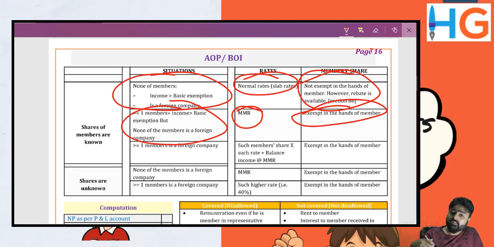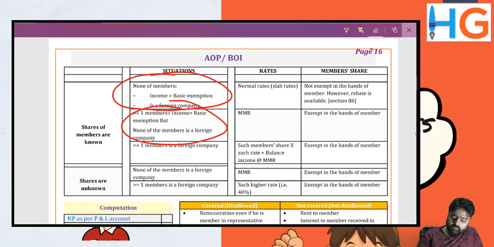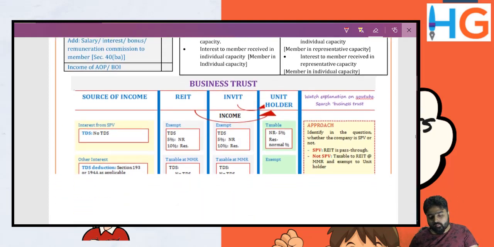If one member is a foreign company, such share of the foreign company will be taxable at the higher rate, and the balance will be taxable at MMR. If the members say that they do not know their shares, the entire income is taxed at MMR or such higher rate, because income cannot be bifurcated now. Simple. Now we are coming to business trust.